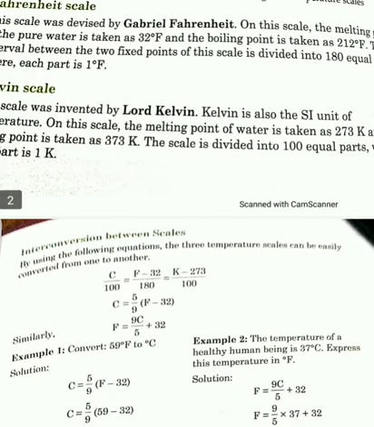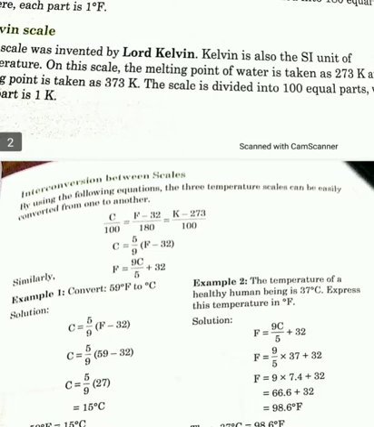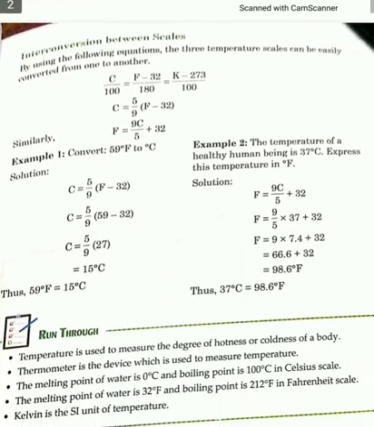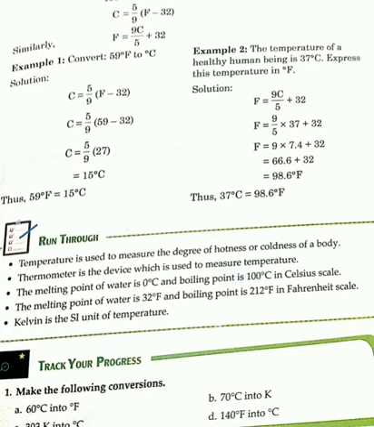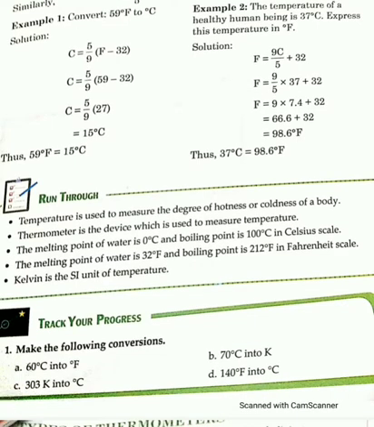If we talk about interconversion of these scales, it is very easy. It can be easily done by this formula: C upon 100 is equal to F minus 32 upon 180, equal to K minus 273 upon 100. For example, we have to convert Fahrenheit into degree Celsius.